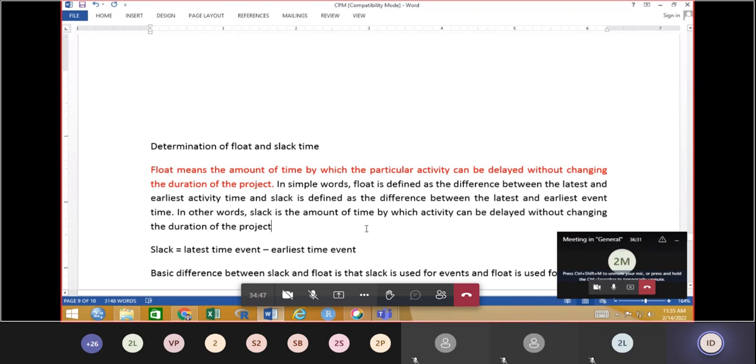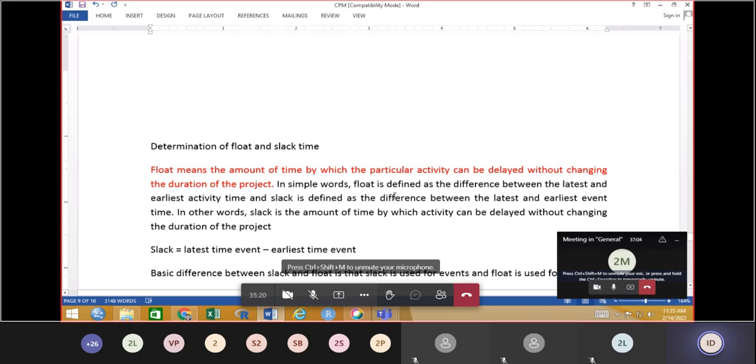See again, sometimes they may ask the difference. In case of the float, it is the difference between the latest and earliest activity time, but slack is the difference between the latest and earliest event time. So the difference of activity time is denoted by float, and the difference between the event time is denoted by slack, right?